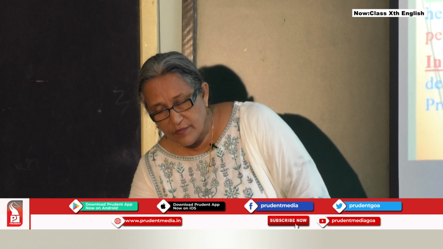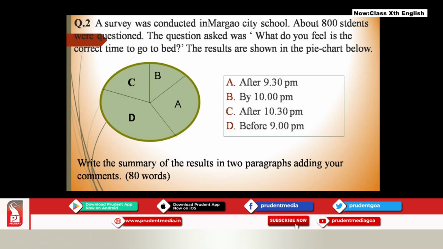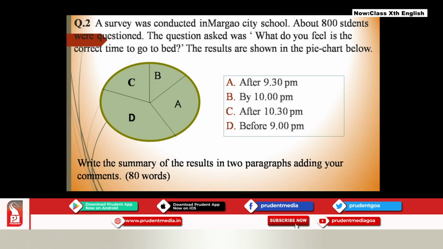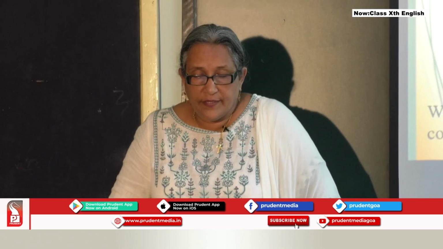Now, children, for your homework, I have a question. A survey was conducted in Margaon City School. About 800 students were questioned. A little spelling mistake on students there. The question asked was, what do you feel is the correct time to go to bed?